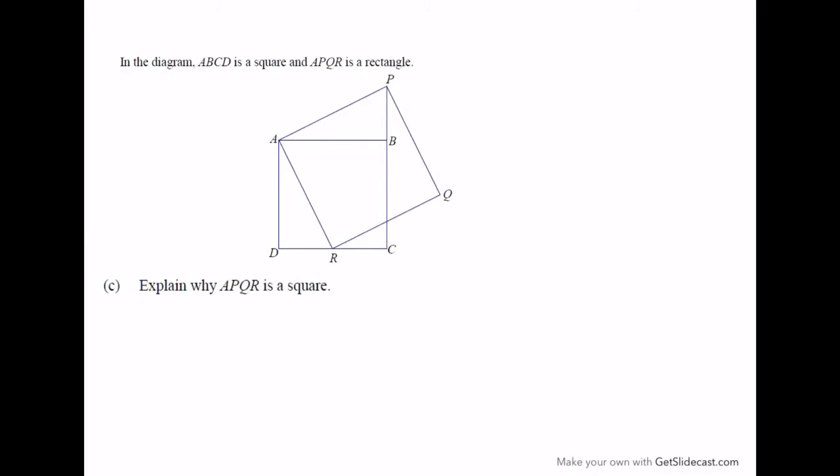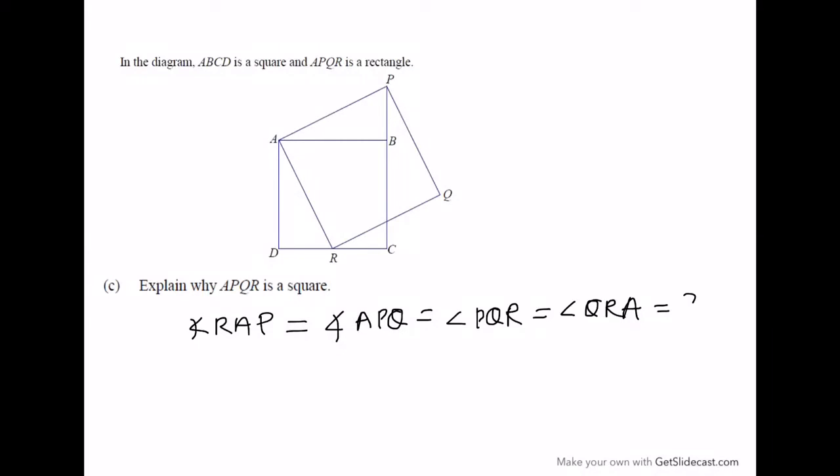So we will have angle RAP equal to the rest of the angles, which are angle APQ, PQR and QRA, all 90 degrees. And lastly, we need all the sides to be equal to each other.